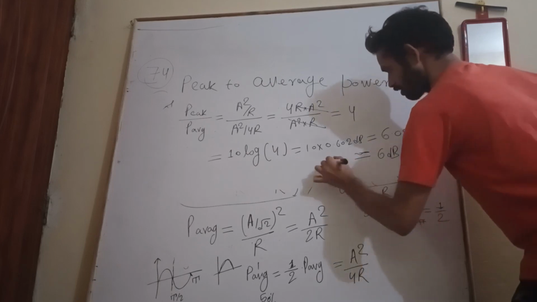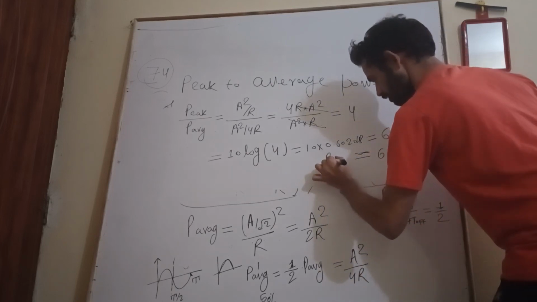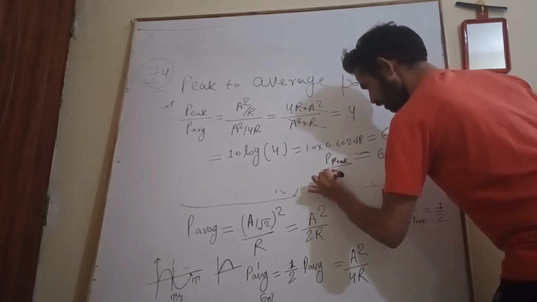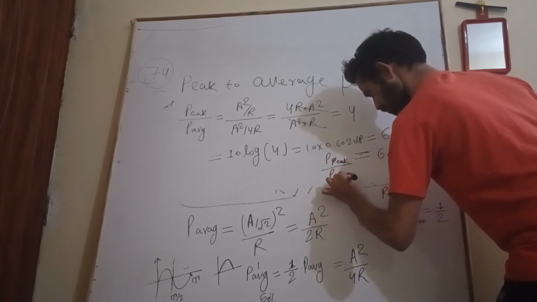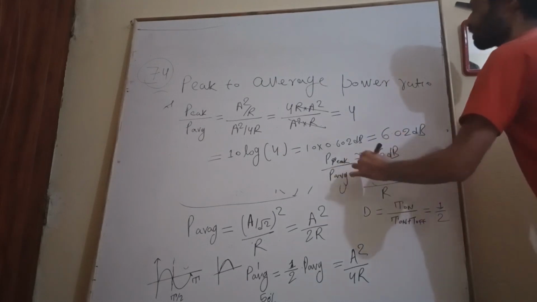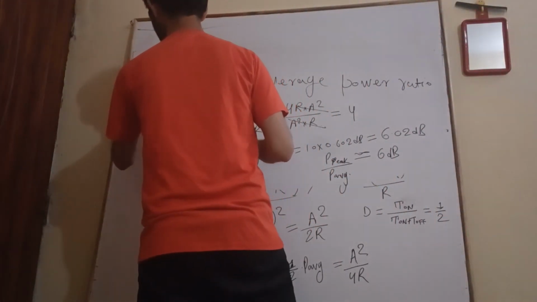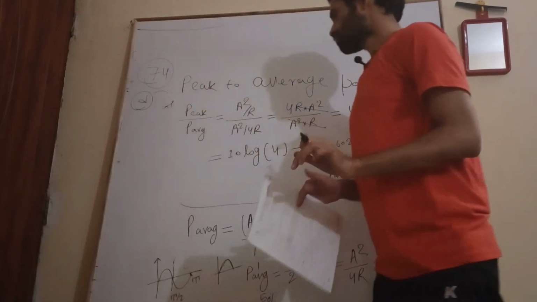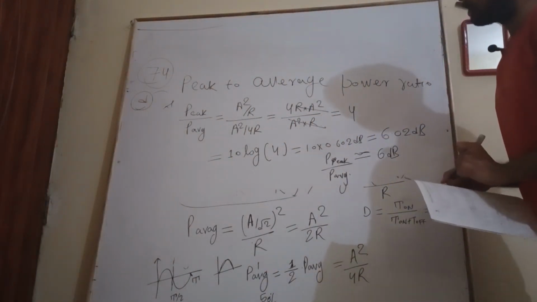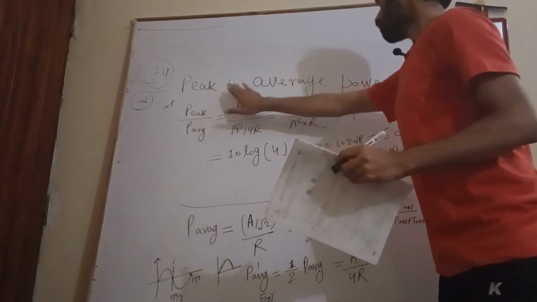So the peak power to average power ratio is nothing but 6 dB. Therefore the answer for this is option D. Option D is correct.